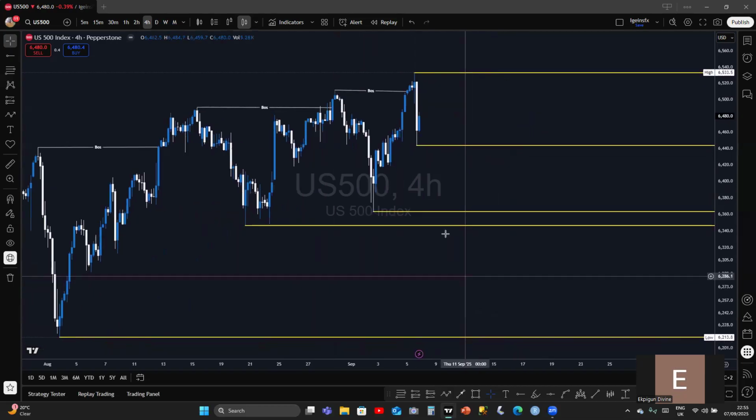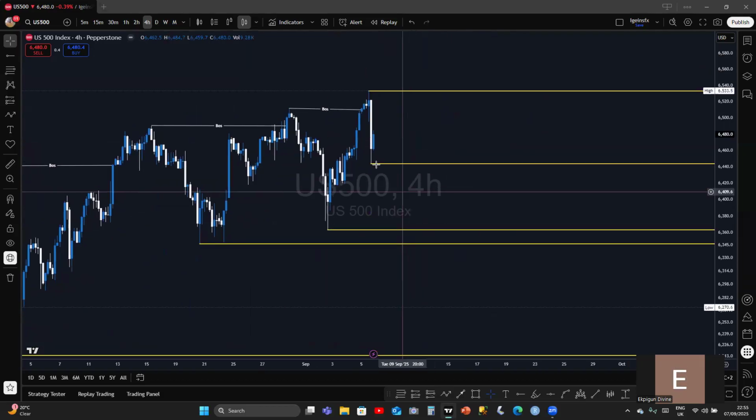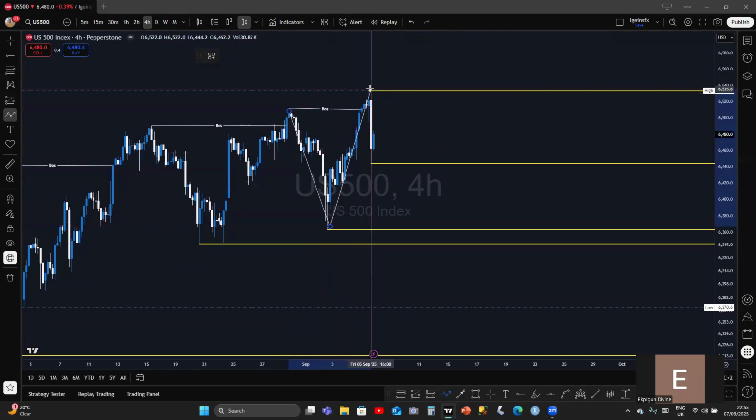Okay. So you can now see that we have scaled down to the 4H, you can see that this is another obvious support level. This one too is another, this is our new support level. Why? Because price pulled back to this point and broke structure to this side.